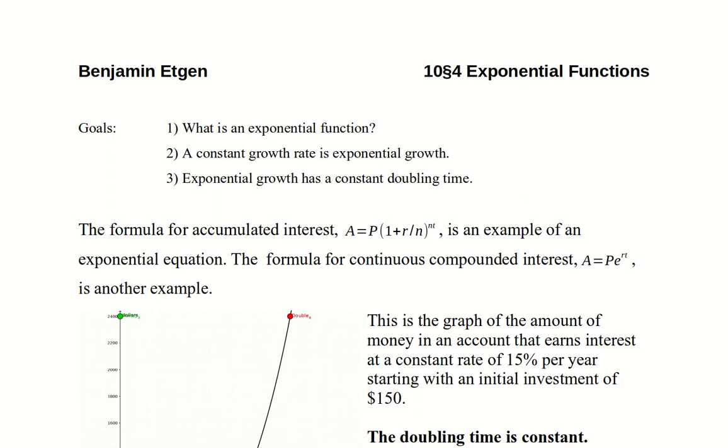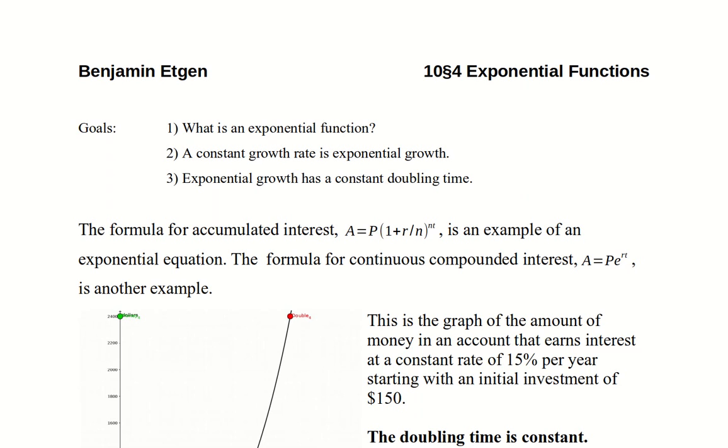So we're going to use the formula for accumulated interest. I say accumulated interest to explain that A in the formula. And notice how there's an exponent nt, and t is often our variable. We want to know what happens as time passes. And that variable is in the exponent. This is an example of an exponential function.